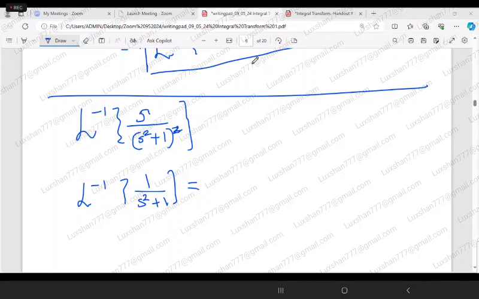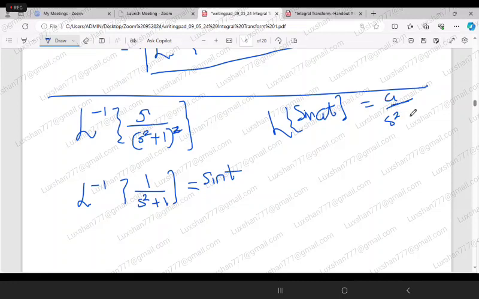Yeah, that is sine t. Good. This is equal to sine t because the Laplace transform of sine at is a over s squared plus a squared. So a is equal to 1, isn't it? So that is sine t.